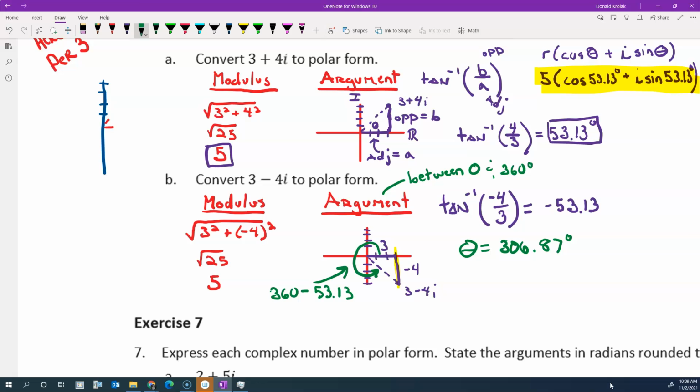Okay, so we got 5. Okay, and there it is.